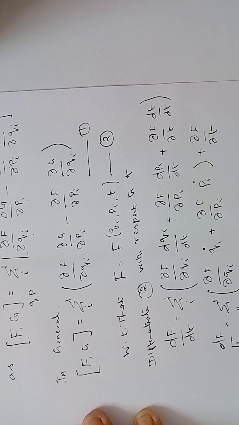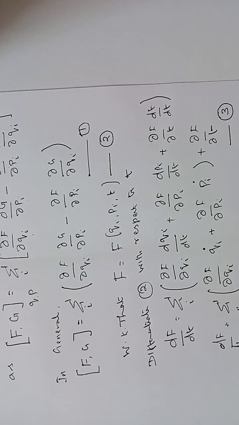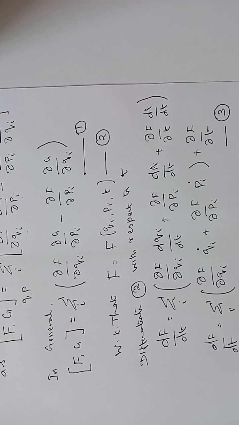So this is equation number 3. You keep it as equation number 3. So df by dt is equal to the summation over i of dou f by dou qi into qi dot plus dou f by dou pi into pi dot plus dou f by dou t. This is equation number 3.